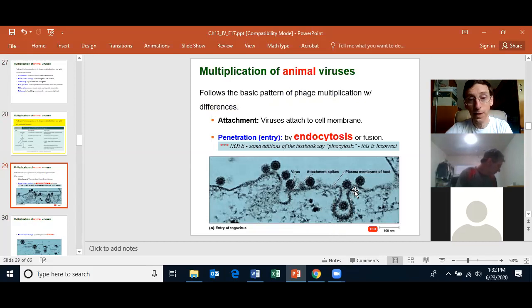The cell membrane reattaches right here, and then it reattaches right here to make the membrane of the vesicle, and then this vesicle moves into the cell. And so that's how the virus moves into the cell by endocytosis.